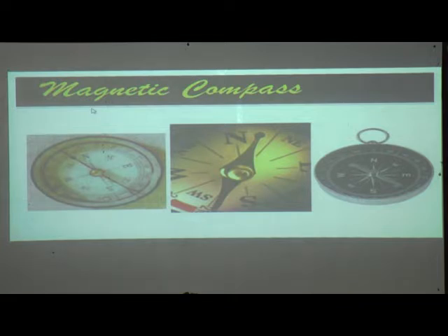In our previous session we discussed this magnetic compass. For what reason can we use this magnetic compass? Correct. Whenever we want to know whether a substance that a shopkeeper is selling as a magnet is a magnetic substance or not, we can find out.